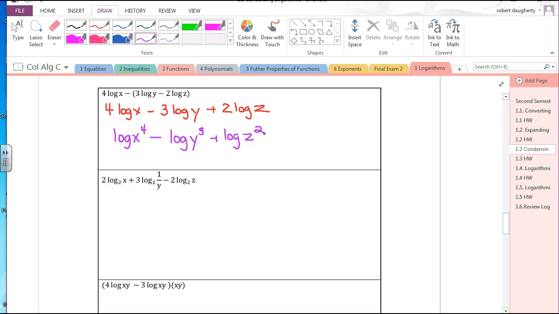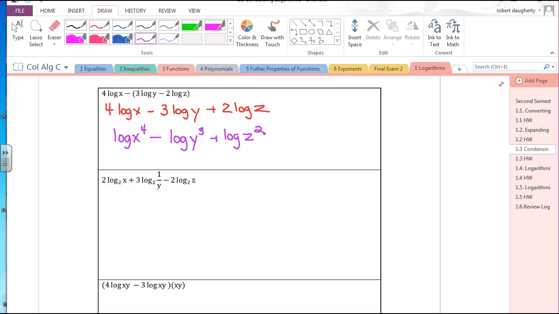Now I have the log of something minus the log of something plus the log of something. Which rules will help me combine that into one logarithm? Quotient and product, okay? So anytime I see a plus, that means when I combine them, those two things will be what? They'll be multiplied or added or what? If I see a plus, let's just look at this. Log of x to the 4th plus log of z squared.